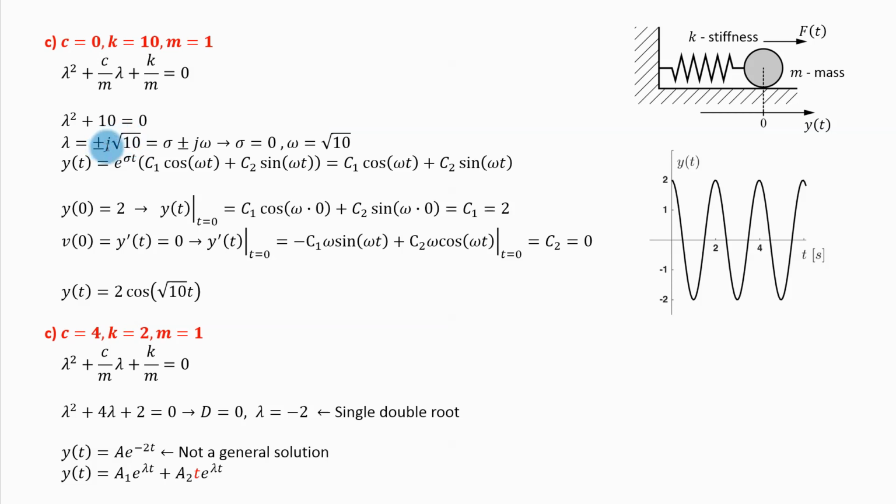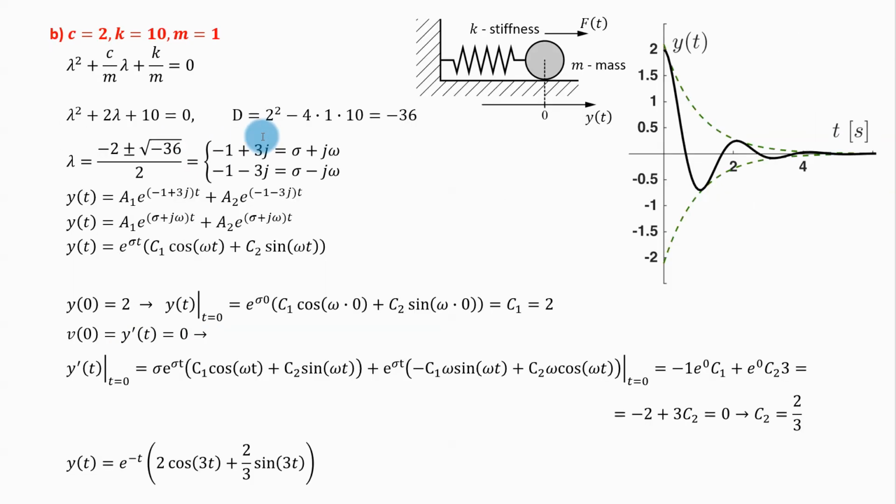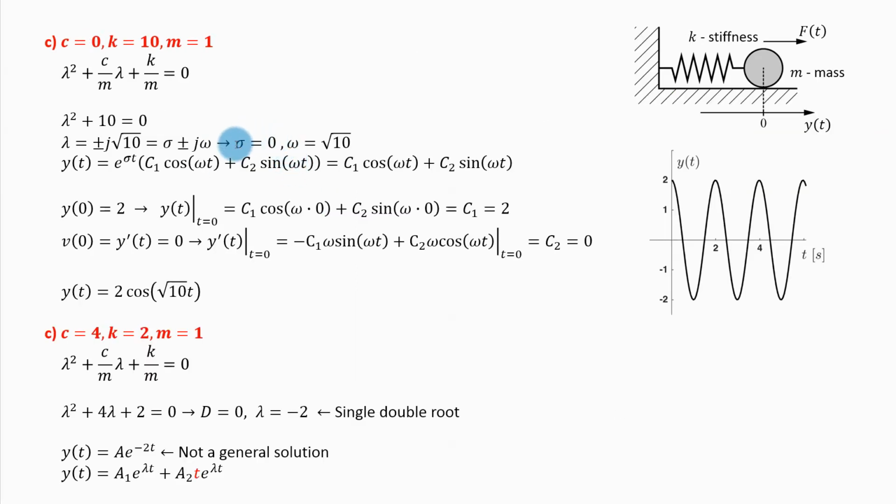This case is actually quite similar to the previous one, but the difference is that now these roots are purely imaginary and they have 0 real part. In the previous case, the real part was non-zero. This sigma was non-zero. Now, sigma is 0, so the general solution simplifies into this. But the rest is pretty much the same.